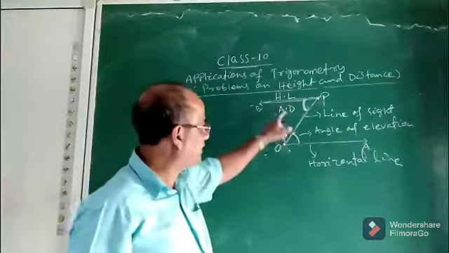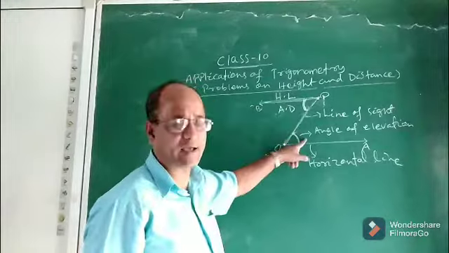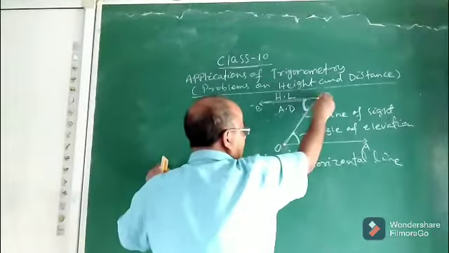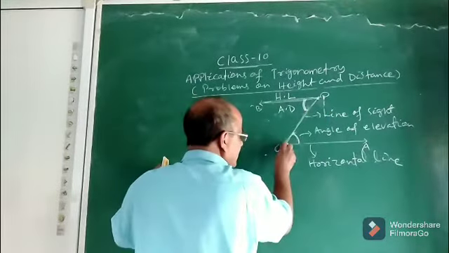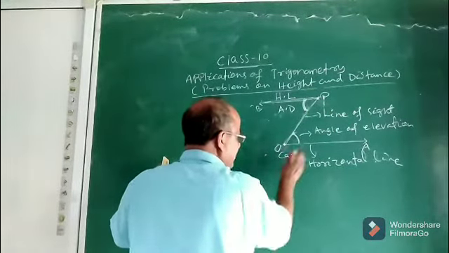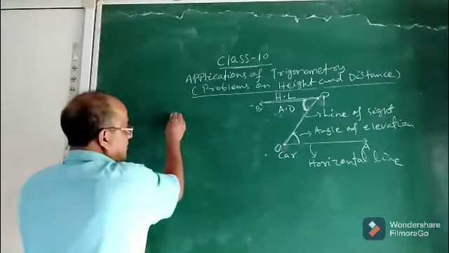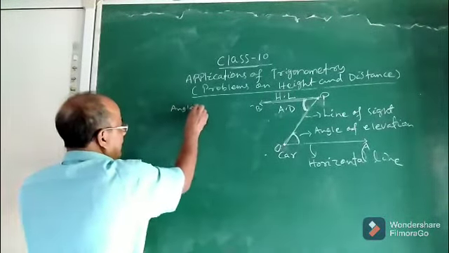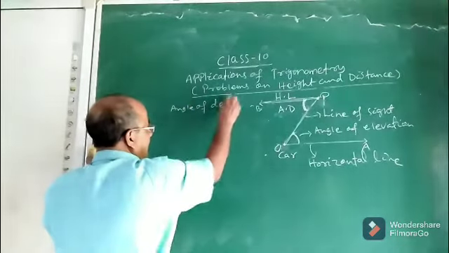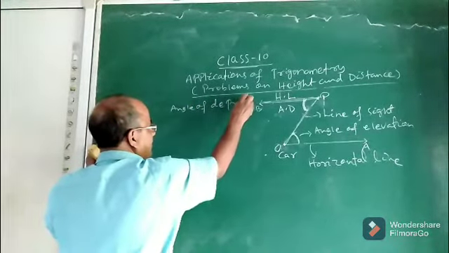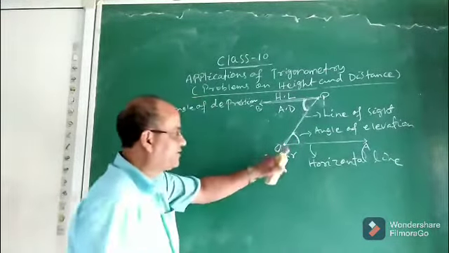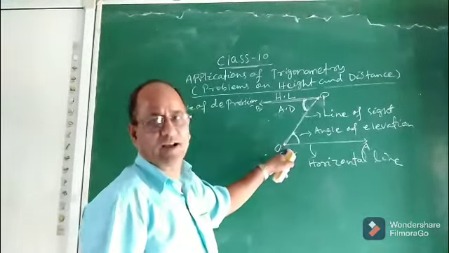So children, what is the difference between angle of elevation and angle of depression? Here is the point of observation. The observer is here, here is the object, here is a car. So here we will say angle of depression of O. O is the point where the car is standing on the ground.